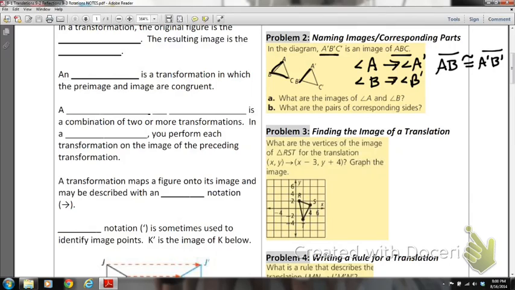Work our way around. Segment BC is going to be congruent to segment B prime, C prime, and segment AC is going to be congruent to segment A prime, C prime.